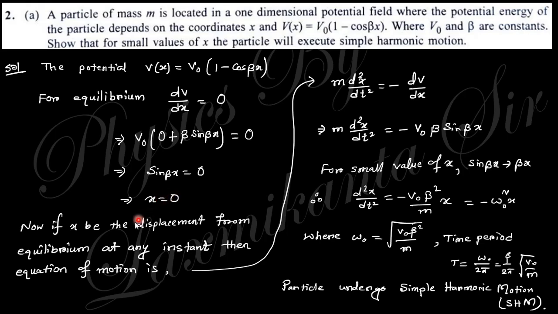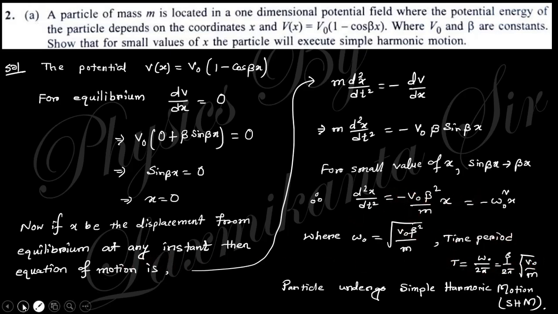So x is 0, but if x is displaced from the equilibrium at any instant, then you can say this is the wave equation and this is the equilibrium position. If you displace it to some position, then for a small angle, sin beta x can be written as beta x. So finally you will obtain this equation, and this corresponds to simple harmonic motion, as you can see, and the corresponding time period will be like that.